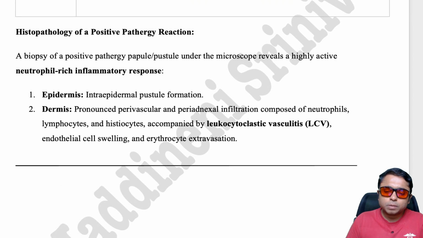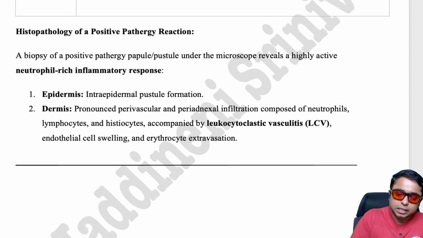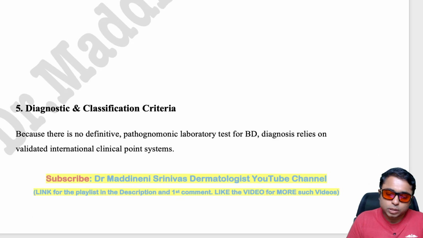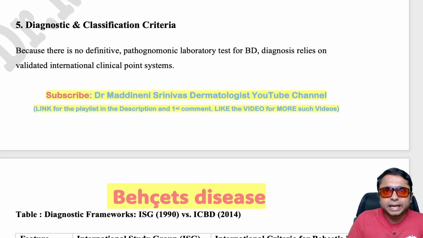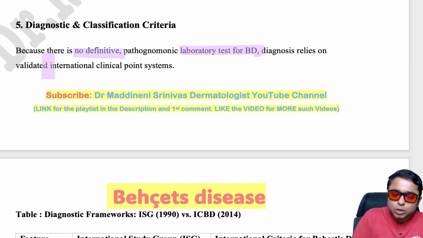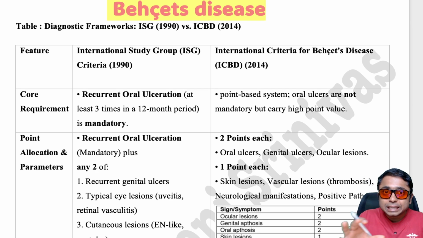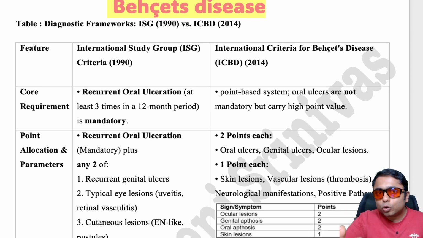Okay. Coming to the histopathology of a positive pathergy reaction, if you do a biopsy from the pathergy test site, you are going to see a neutrophil rich inflammatory response. Okay. So, basically there is going to be leukocytoclastic vasculitis. Coming to the diagnostic and classification criteria, because there is no definitive pathognomonic laboratory test for Behçet disease, diagnosis relies on a clinical point system, that is what are all the important changes which are seen in the mucosa and in the skin.